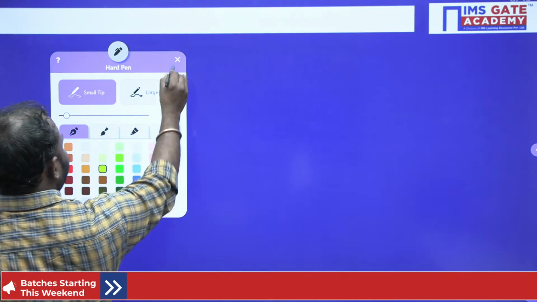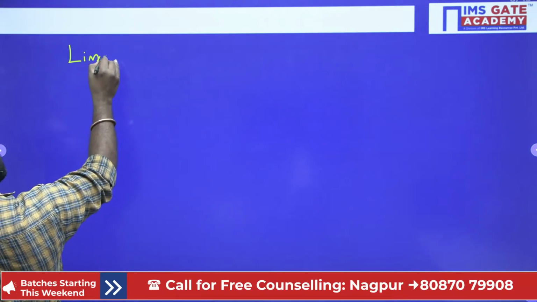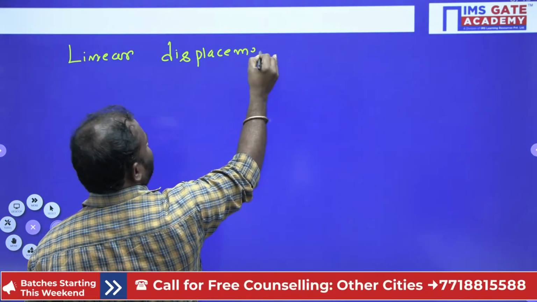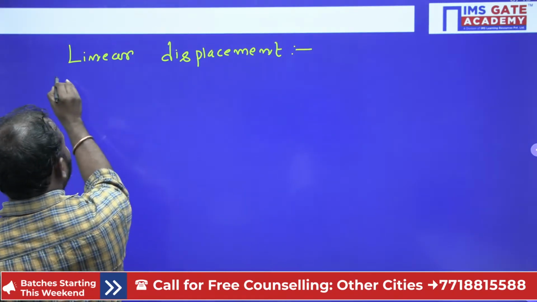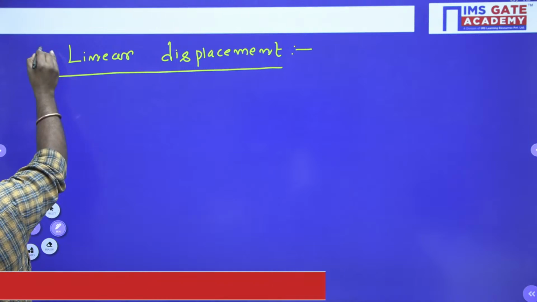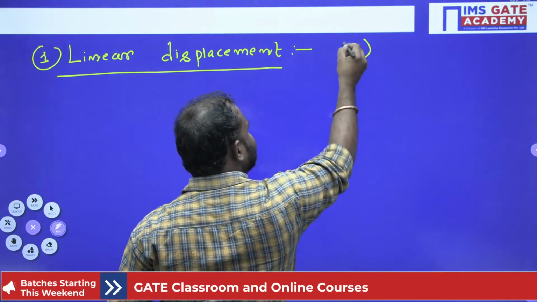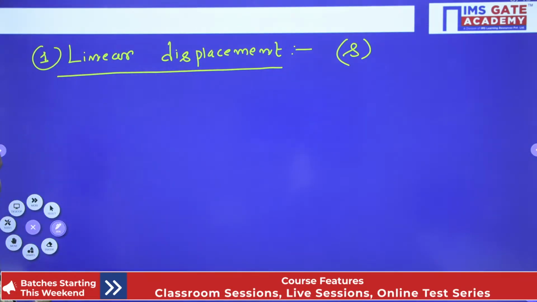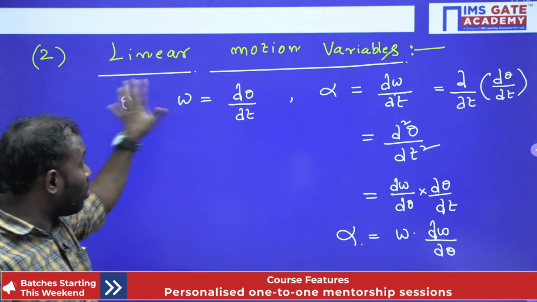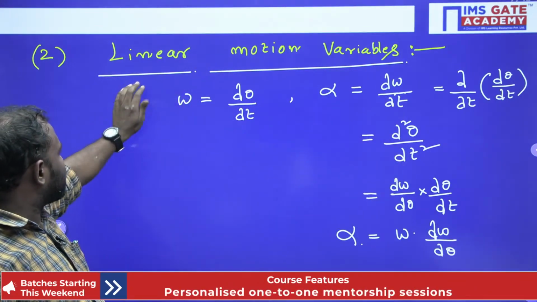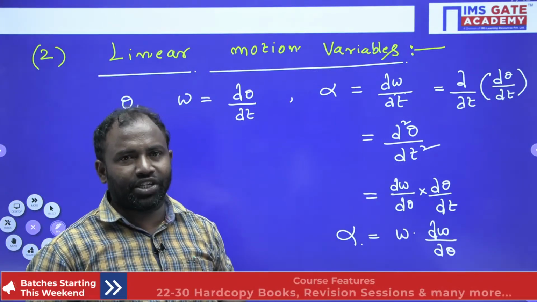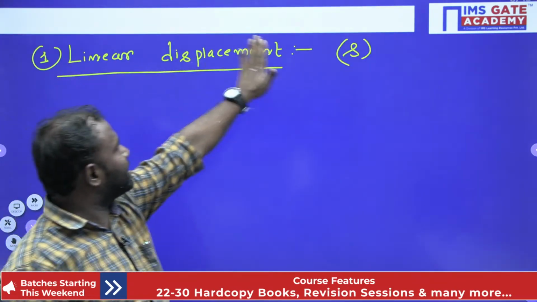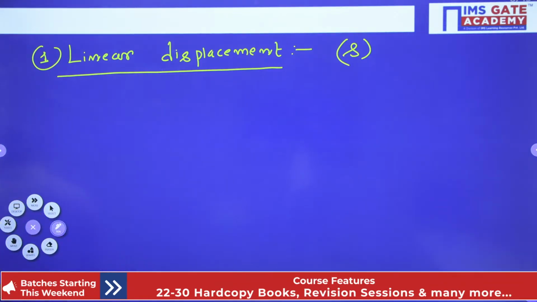Generally we indicate linear displacement with an S. These are all angular motion variables: angular displacement, angular velocity, and angular acceleration. By using this approach, we are going to derive the linear motion variables. The first one is the linear displacement. How do we write linear displacement?